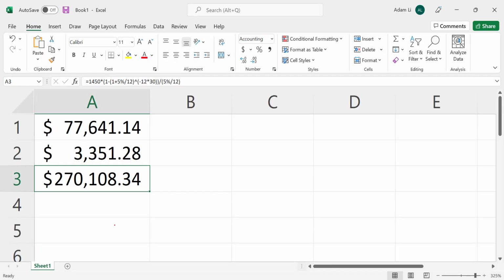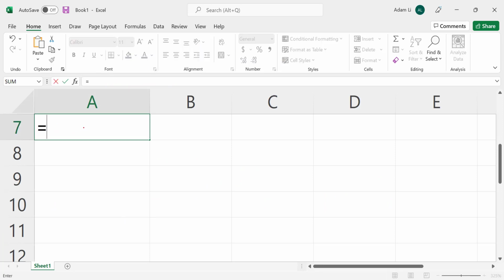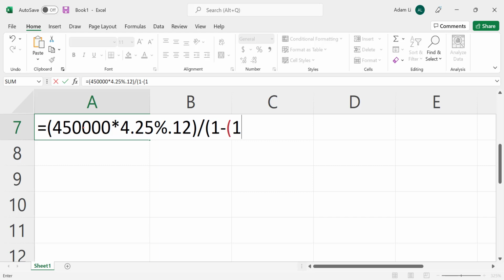So now go to Excel, putting that in. 450,000 is the numerator, 450,000 multiplied by 4.25% over 12, and divide by 1 minus 1 plus the rate 4.25% over 12 raised to negative 360 power. And that should do it.